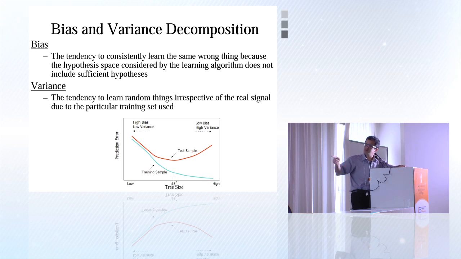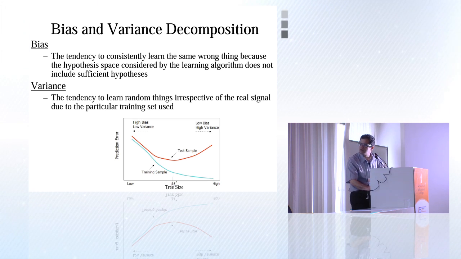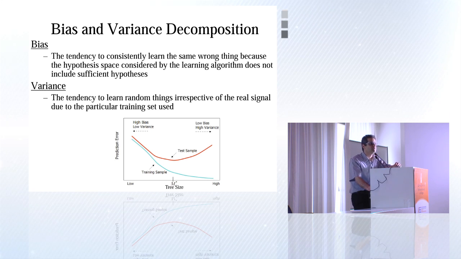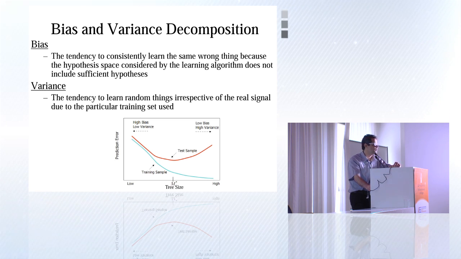If you can see here in the graph, if the decision tree contains a lot of nodes, it usually has a low bias but high variance. On the other hand, if the decision tree is relatively small, then we have high bias and low variance.